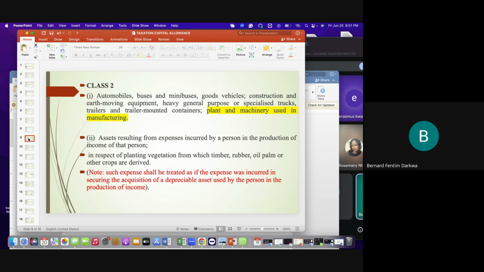So sometimes you may not see an asset, but you see that they incur an expense of 10,000 for clearing the land for plantation of cocoa or rubber. When you see that, that asset is class 2 asset. It's an expense, but we are going to capitalize it as an asset. So that is one thing that you have to also take note of.